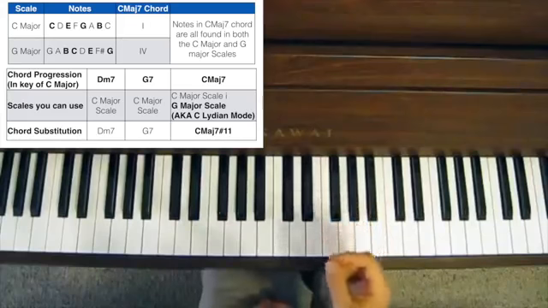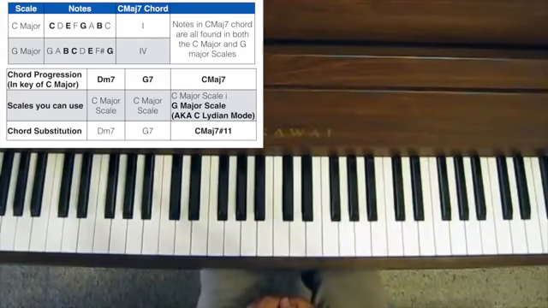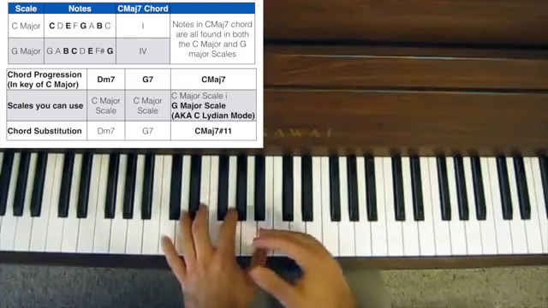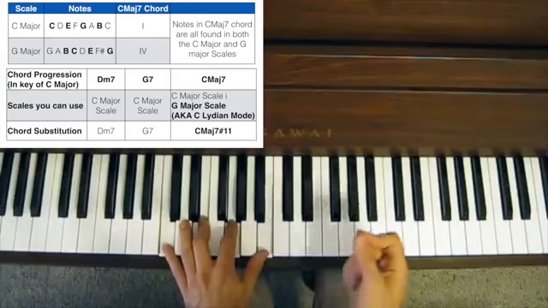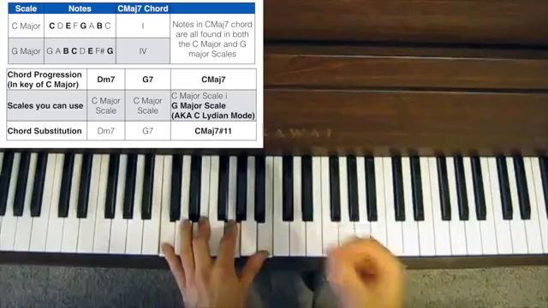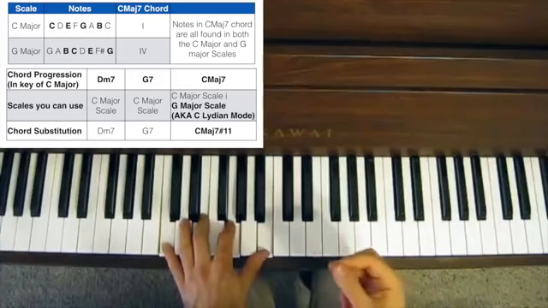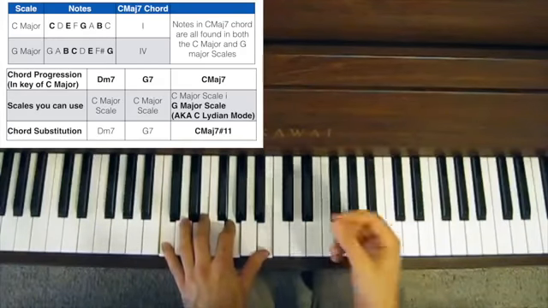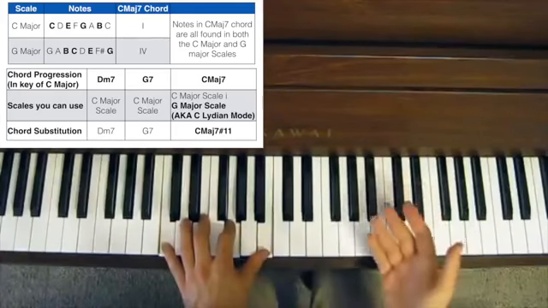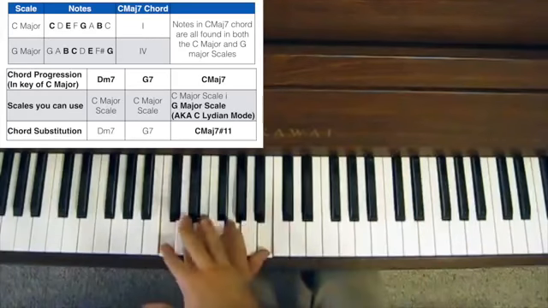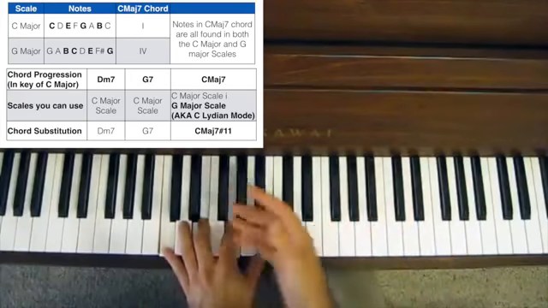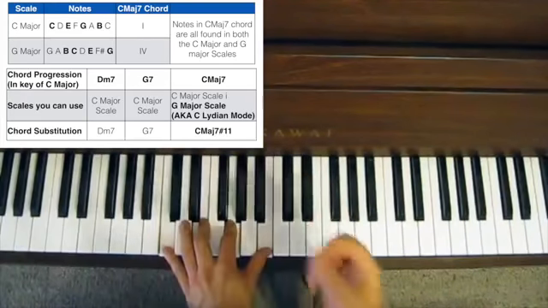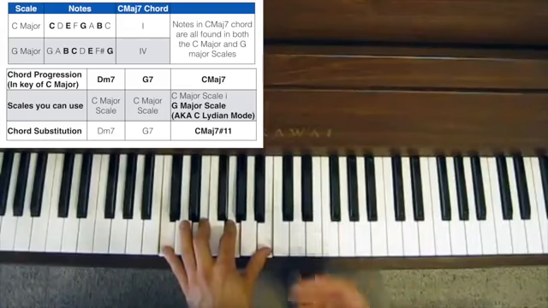And so even though the chord progression is in the key of C major, if you take that C major 7 chord and look at it in isolation, because it can be derived from both the C major scale and the G major scale, you're actually allowed to play a scale from the key of G major over the top of that chord, despite the fact that all the other chords point to that C major 7 being technically in the key of C major.